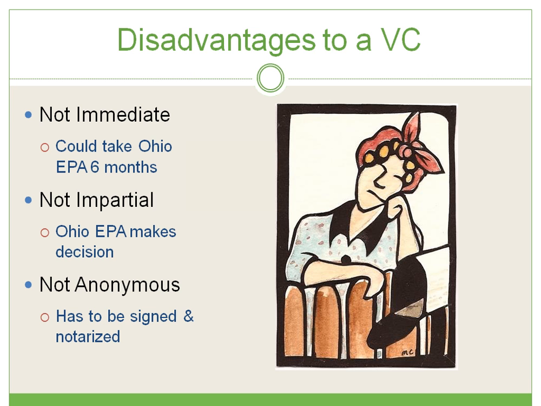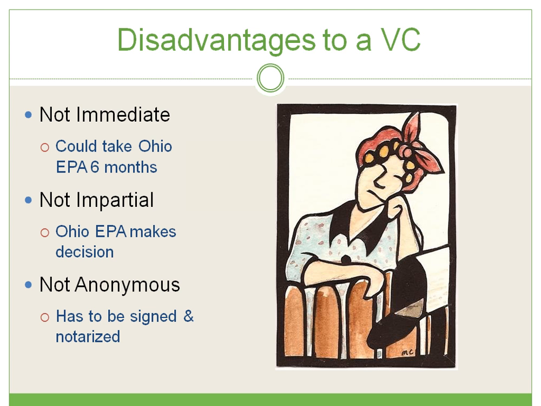Second, it's not impartial. It is the Ohio EPA Director who has the sole discretion to decide whether your complaint has merit, and if so, what actions Ohio EPA will initiate to rectify the problem. However, that is where the appealable part of this comes, remember, to provide you the opportunity to hold EPA accountable. Finally, it's not anonymous.